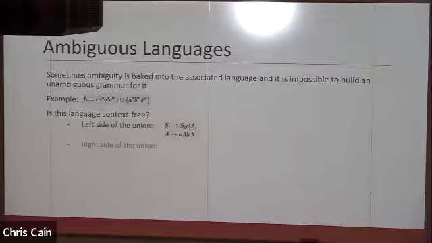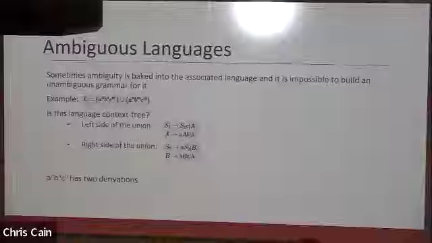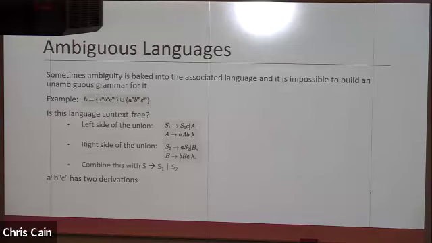So we had a left side of the union, a right side of the union, and then we can combine them. Then we see that a^n b^n c^n has two different derivations, so the grammar is ambiguous. And then parsing it deterministically, we see that we don't know on the first character which path to take.